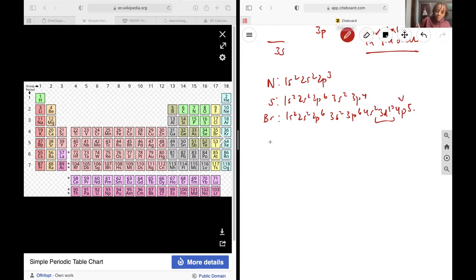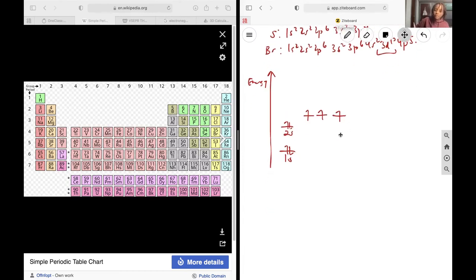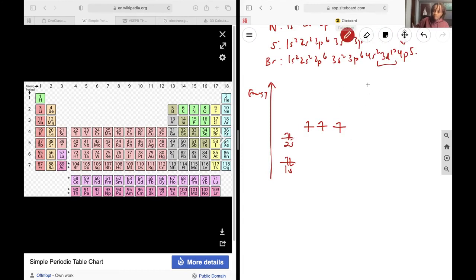So now I begin with nitrogen's diagram. I will have energy going up that way. I begin with my 1s2, and then I will have my 2s2, and then lastly I have 2p3. So 1, 2, 3. Next up I do sulfur. So again, I'll have my energy going up that way.